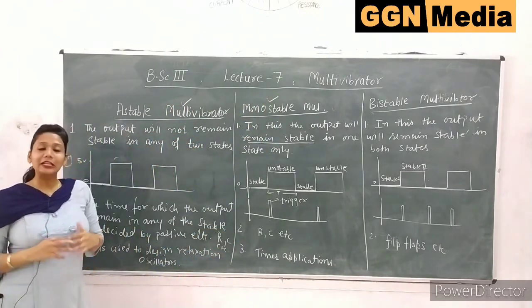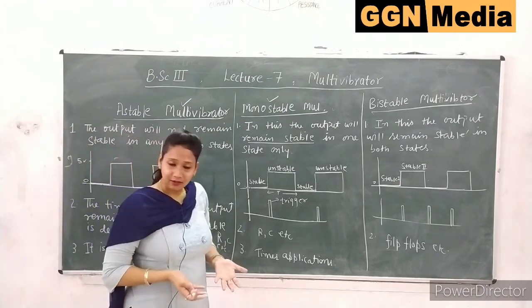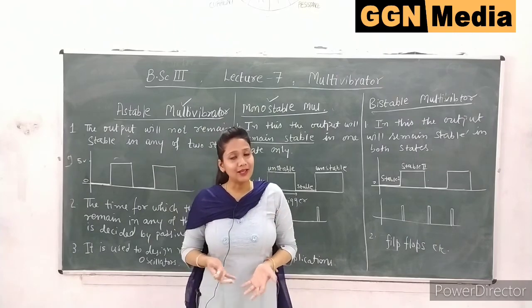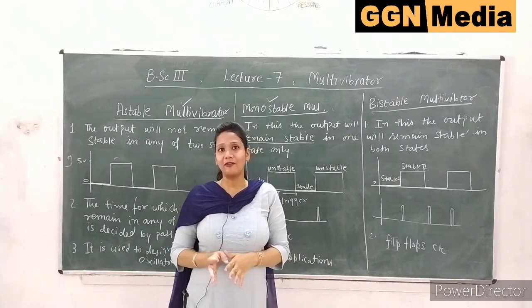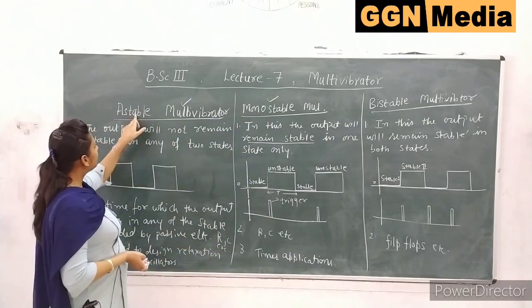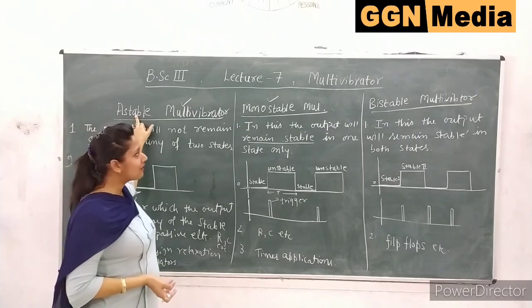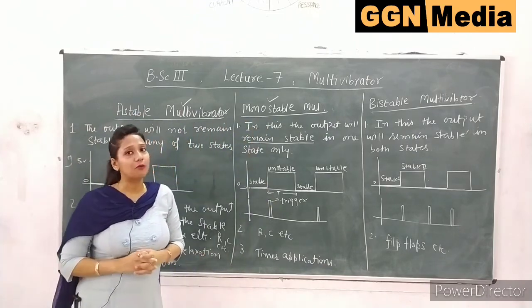So for this we need to know what is 555 timer and what is its circuit diagram. So in our next lecture we will first discuss about what is 555 timer, and in next videos we will concentrate on how we can design astable multivibrator and monostable multivibrator by using this 555 timer.